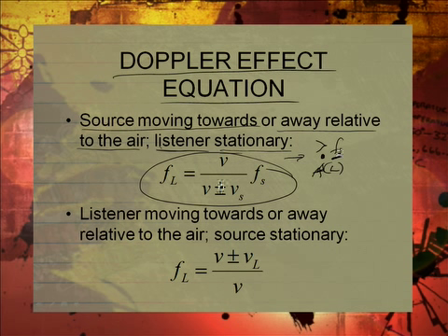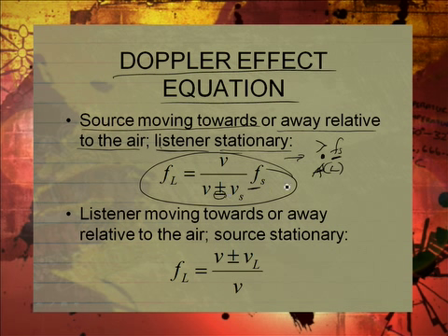So for that reason, we are going to use the minus in this equation so that we have a smaller fraction to multiply, and when we have that, we actually get a greater answer, bigger than the frequency of the source.